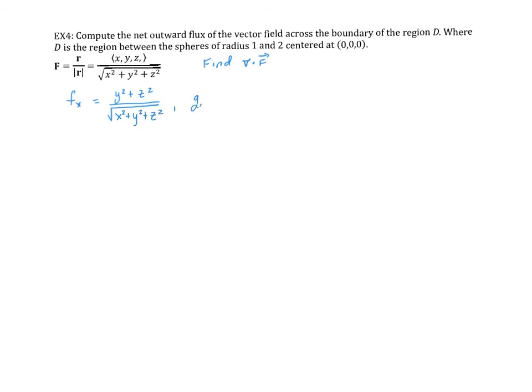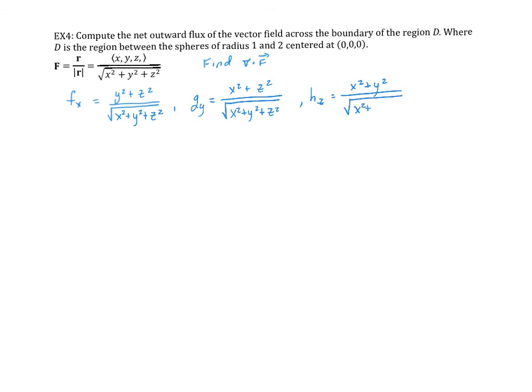And then g with respect to y is x squared plus z squared over the square root of, same thing, x squared plus y squared plus z squared. And then we have h with respect to z, which would be x squared plus y squared over the same denominator.